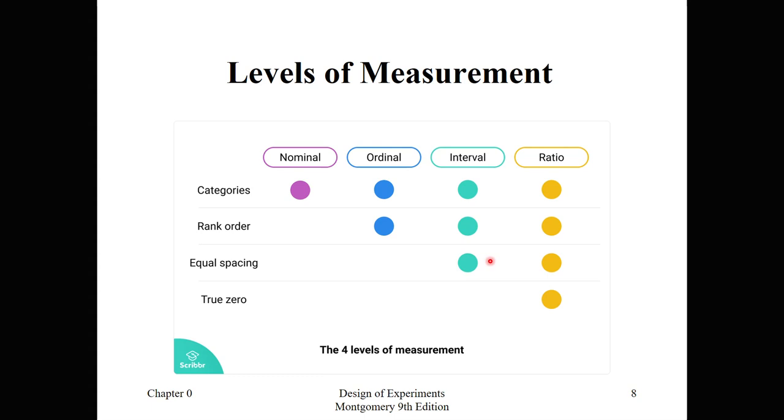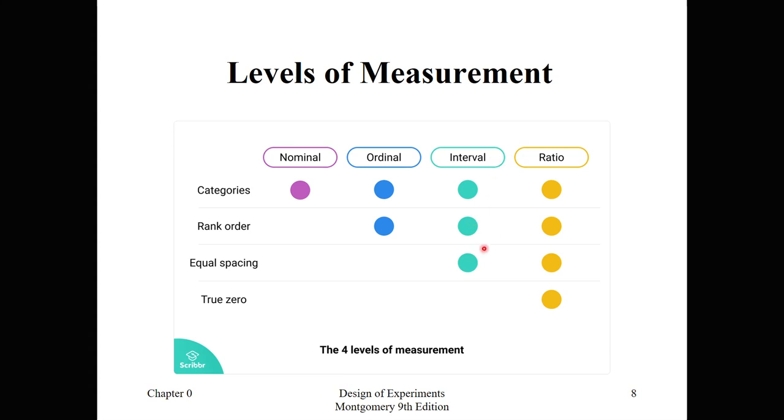So the difference between a private and a private first class is not the same as the difference between a 4-star general and a 5-star general. Right? And the difference between disagree and neutral isn't necessarily the same distance as the distance between agree and strongly agree. That is to say, the change in opinion that happens from disagreeing to a concept to being neutral about a concept is not necessarily the same level of change of attitude that you must have to go from agreeing with something to strongly agreeing with something. How are they different? Well, we don't know. We don't really know one way or the other.